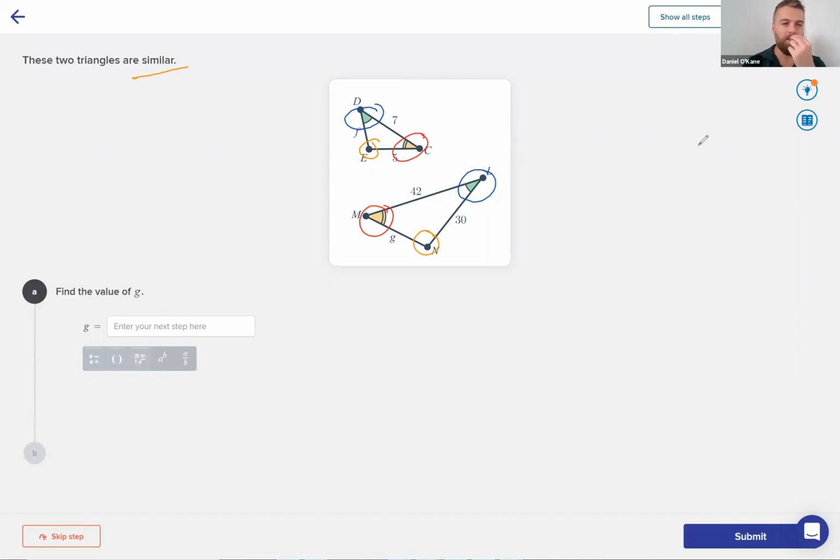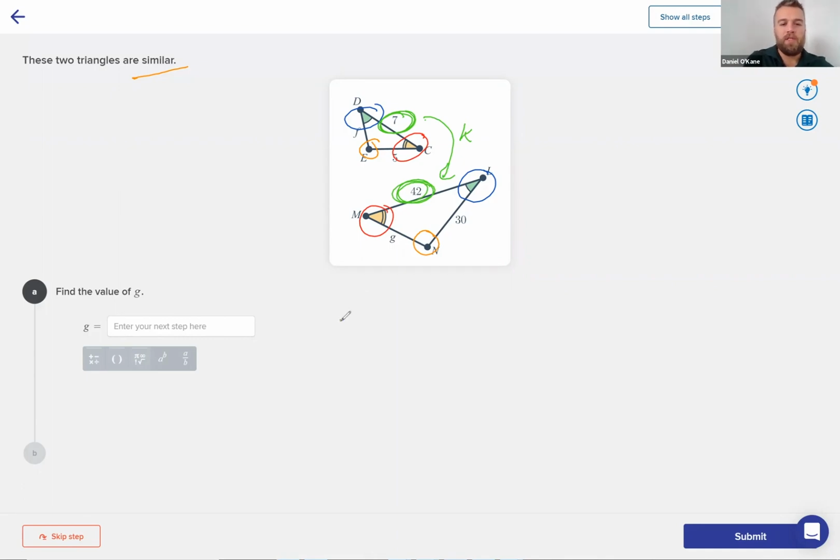Because I know that the side length between the green and yellow angle must correspond to this. That side length again between the green and yellow angle. So this is being multiplied by a scale factor to get 42.